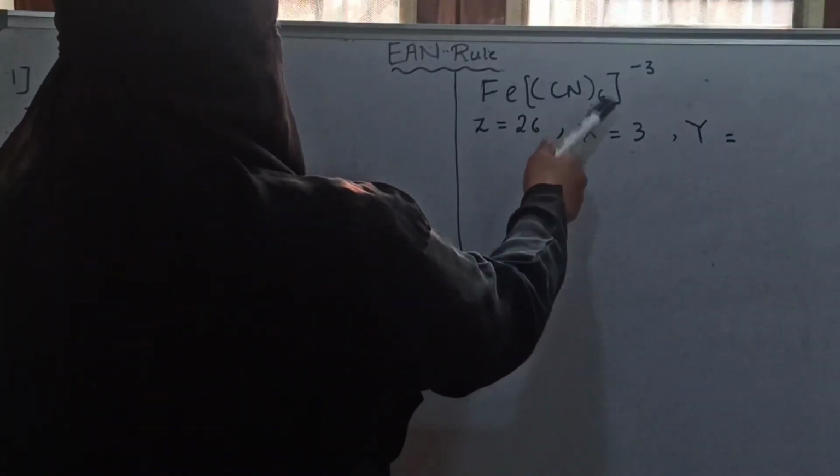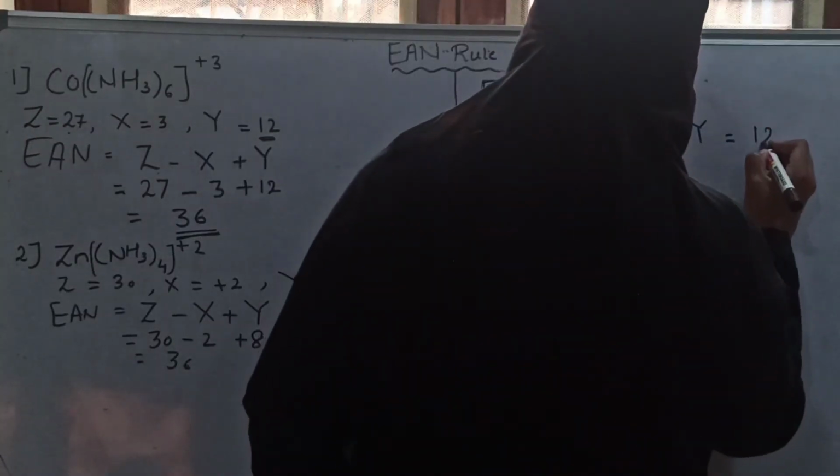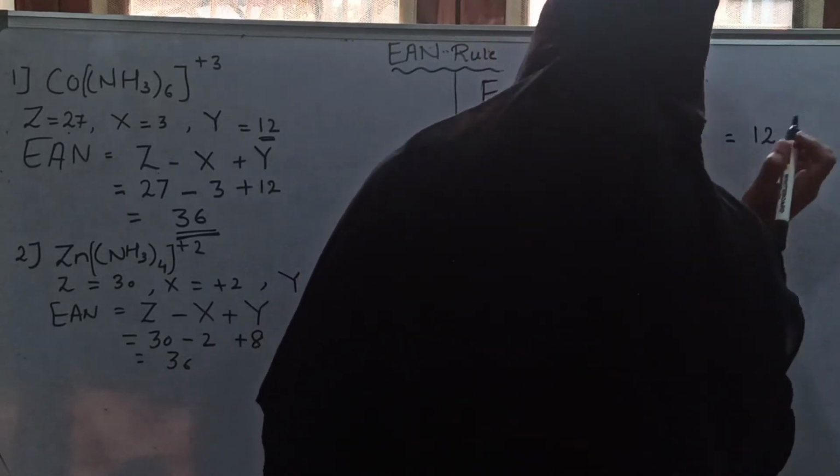X is equal to plus 3 and Y, or the number of electrons donated, is equal to 12: 6 ligands, 6 into 2, 12.